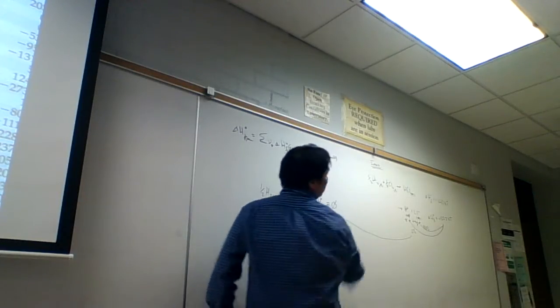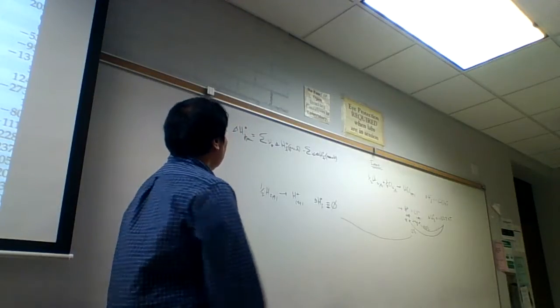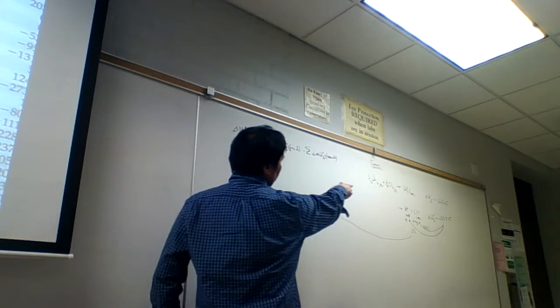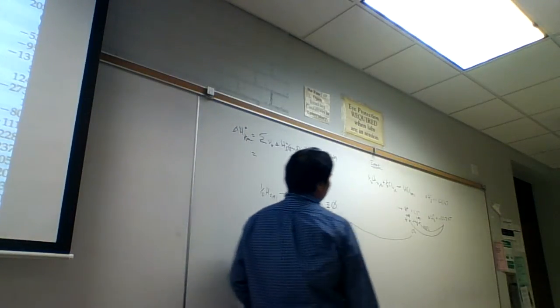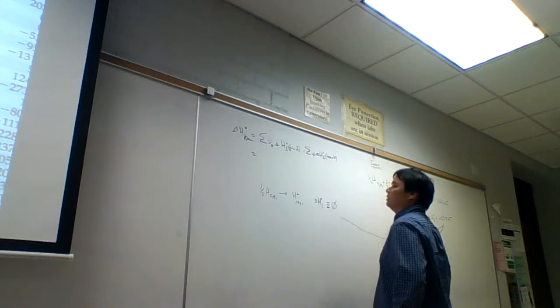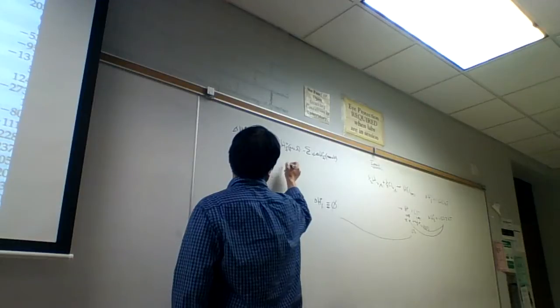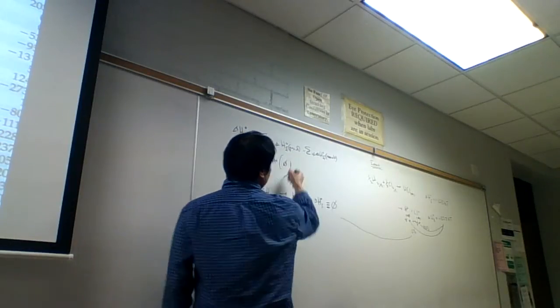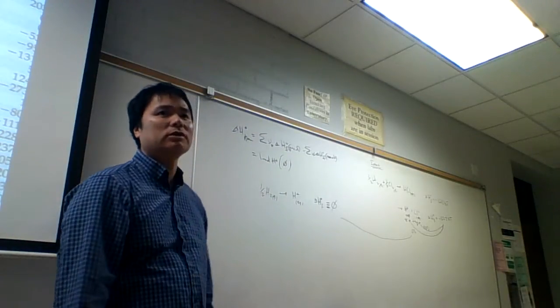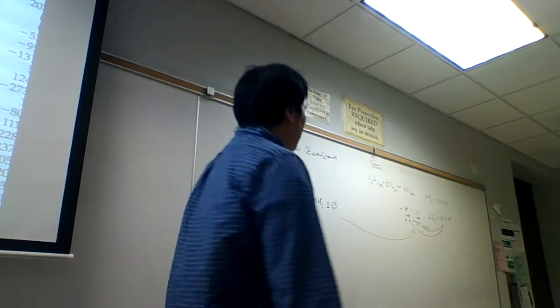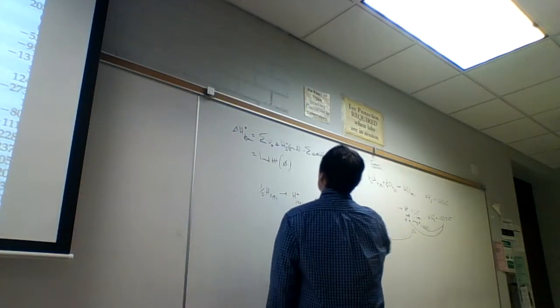Did we do this a couple weeks ago? All right. Then we're just going to go ahead and do that. What are we forming? We're forming H+. So we're going to form 1 mole of H+, and delta H of formation for H+ is 0 by definition, right? And then we're going to form 1 mole of Cl-.